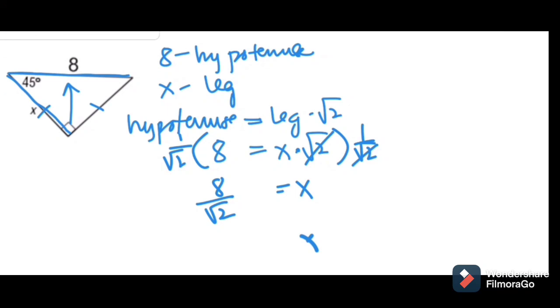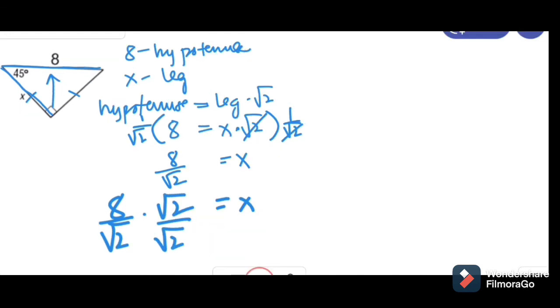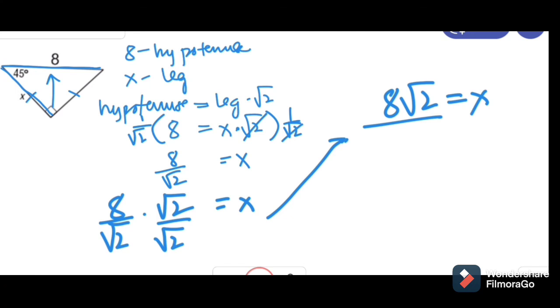To find x, we need to rationalize because we cannot have a radical in the denominator. So we have 8 over square root of 2 times square root of 2 over square root of 2. So the numerator is 8 square root of 2, and the denominator is square root of 2 times square root of 2, which is square root of 4, which is 2.